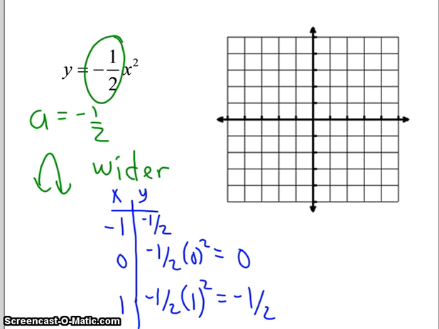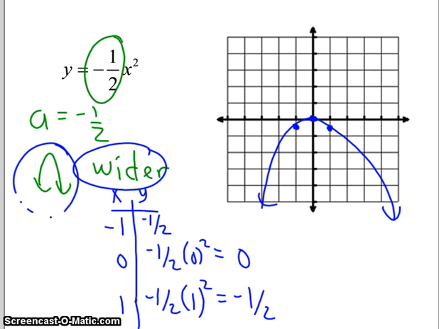All right, so plotting these three ordered pairs, I get negative 1, negative 1/2; 0, 0; 1, negative 1/2. And we have a parabola that's going to be a little bit wider than x squared. It's wider, it opens down, and there is no c value, so there is no shifting vertically up or down. So we do have a vertex here at 0, 0.